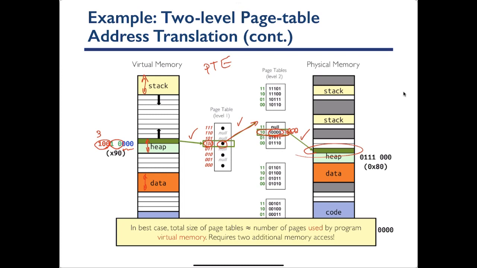My page table size was always as many virtual pages I have, not as many as I'm using. But now, for all the virtual pages that I'm using, I have a page table entry with a little bit of overhead, which is this page table number 1. So it's not exactly the same as the number of virtual pages that I'm using, but it's approximately the same. So that's a huge saving in the size of my page table.